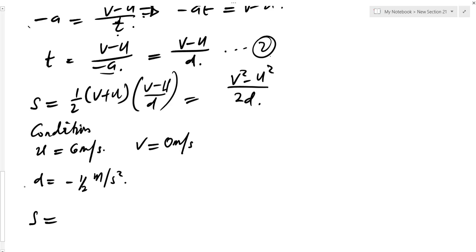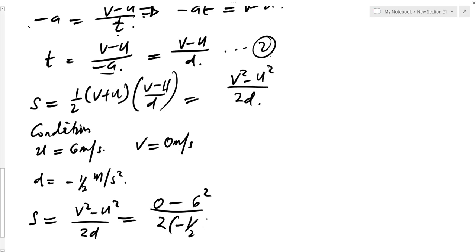So now v square minus u square all over 2d. The v is 0 minus 6 square all over 2 times minus 1 over 2.